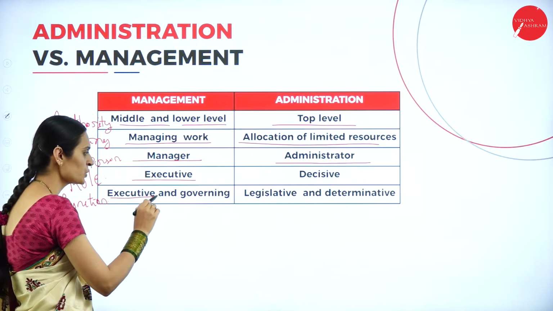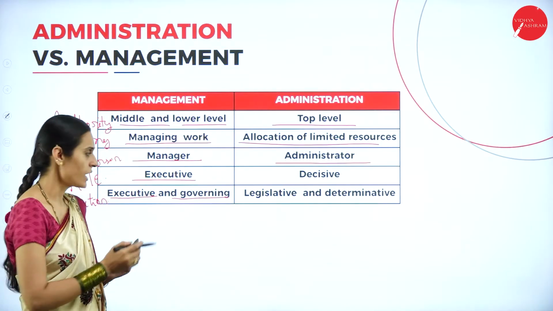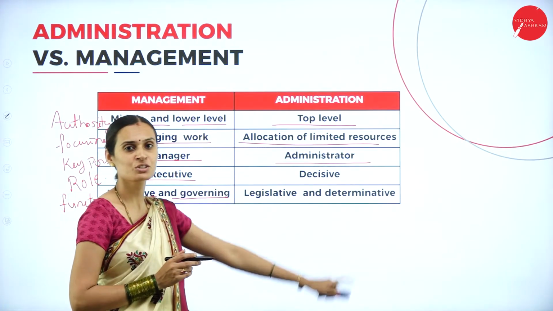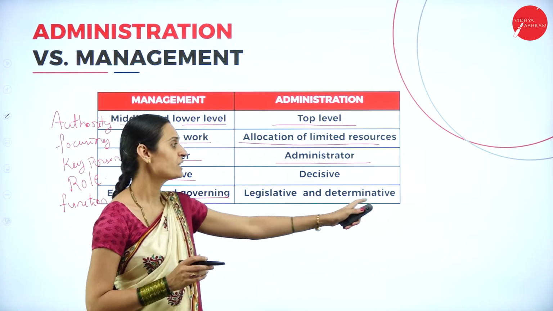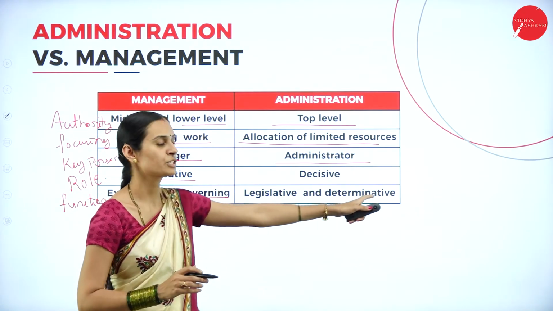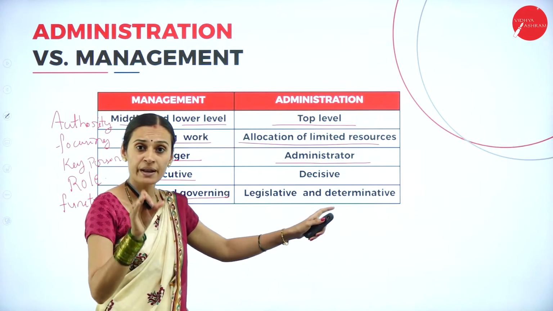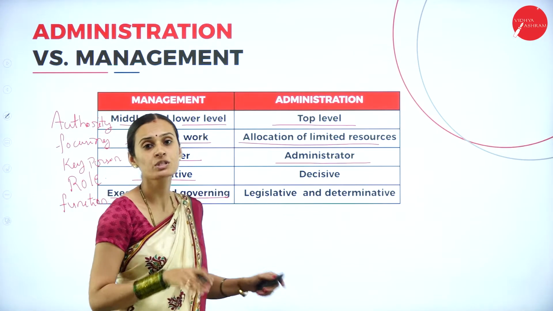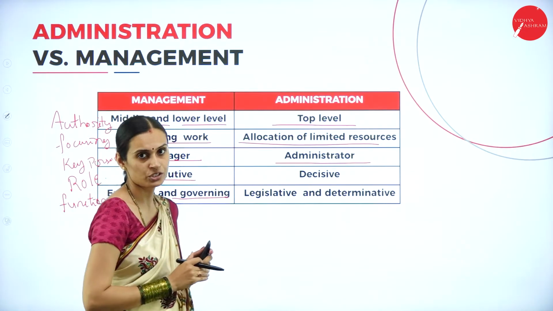Management is executive, while administration is governing the organization. What are the functions of administration? Administration performs legislative and determinative functions, which determine the policies, plans and different objectives regarding the organization. So that is called administration.